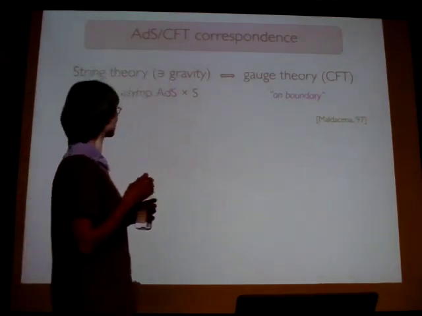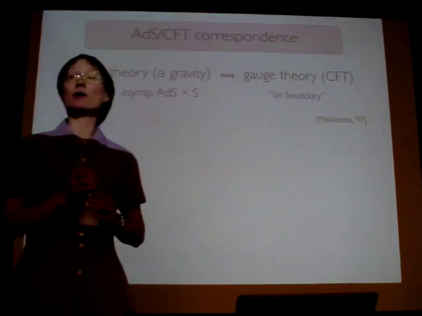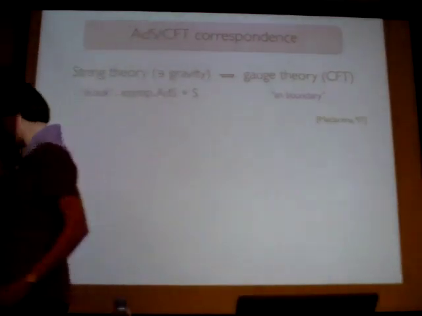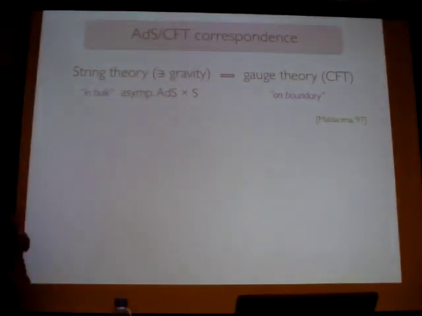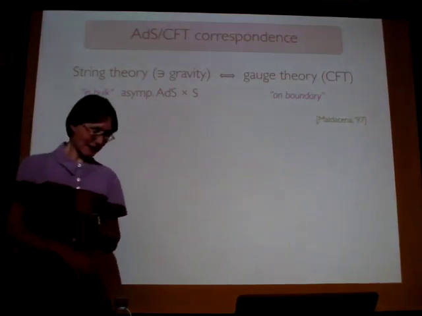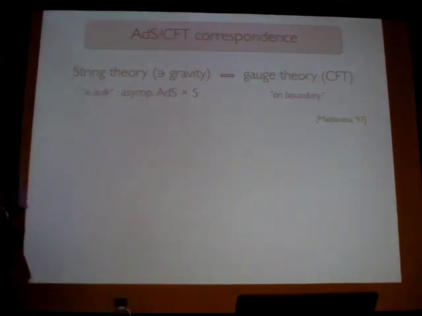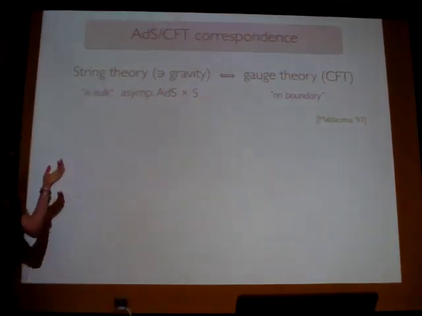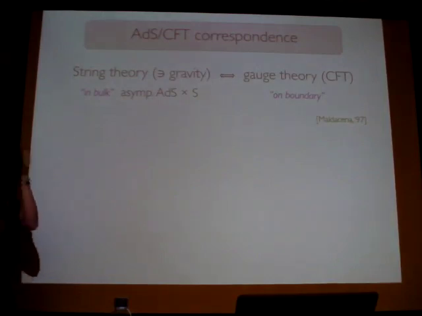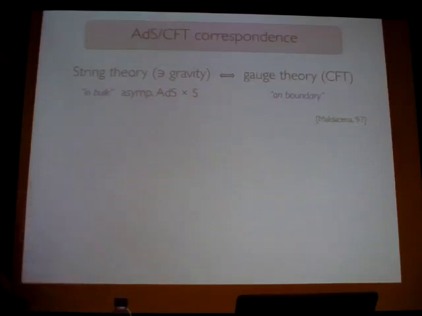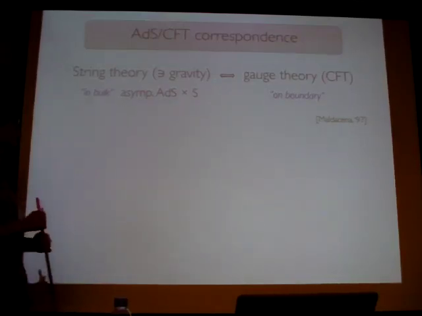So this beautiful correspondence was formulated by Juan Maldacena in 1997, using the framework of string theory, where he considered two different descriptions of certain fundamental objects called D-branes, which in some regime behave like a higher dimensional black hole.